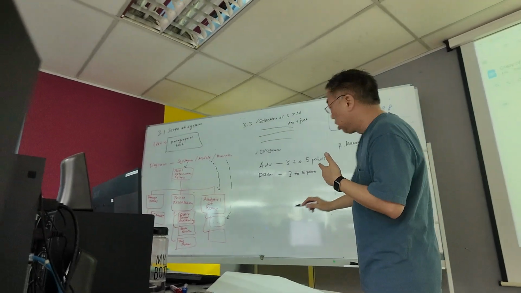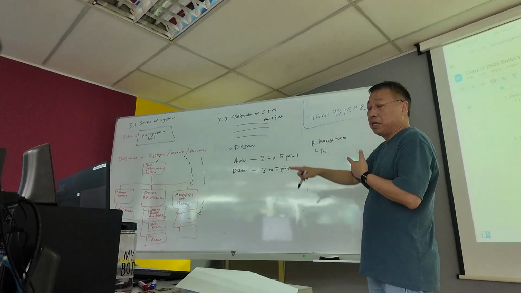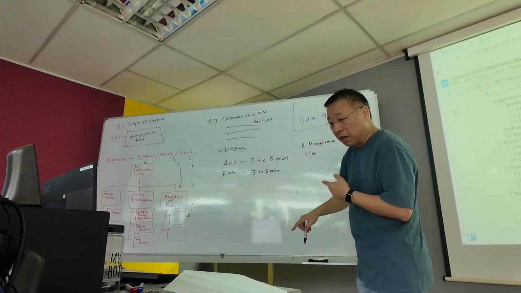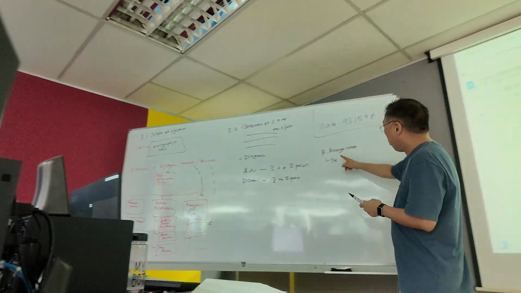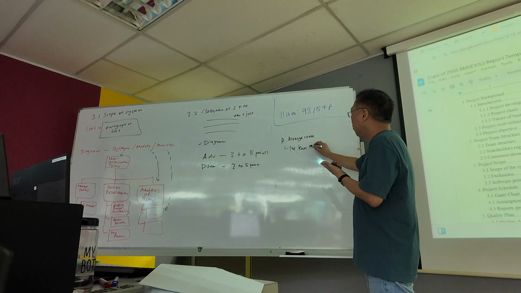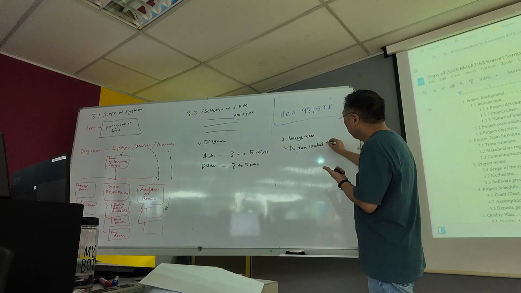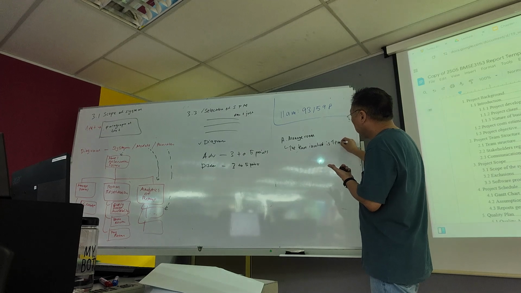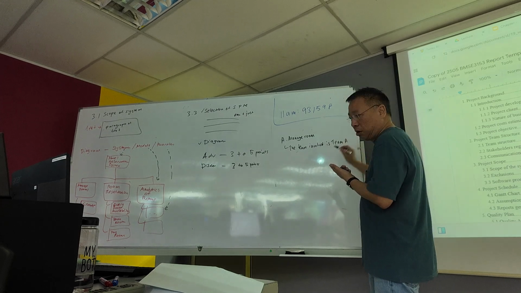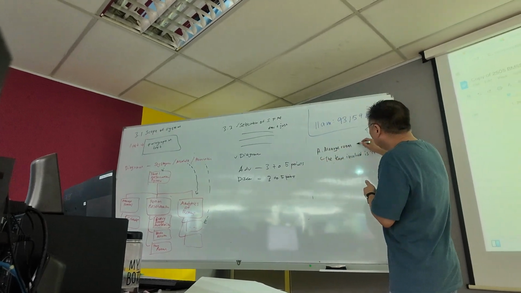Then you write about the team who is going to be involved in building that module. For example, the team involved is, you can give it a name, Team A, who will be responsible for building the manage room module.